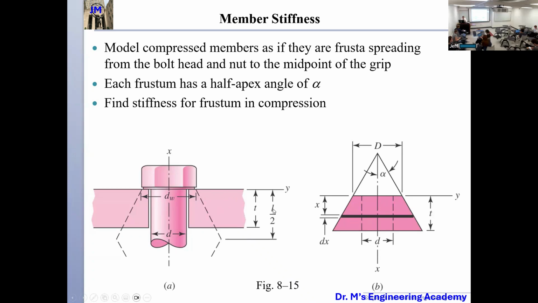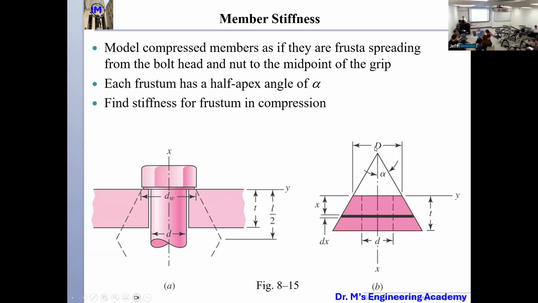L here is the distance between the washer and the nut. That's the whole thing, everything in between, and it is called L. So half L is the middle point between the bolt head and the nut.